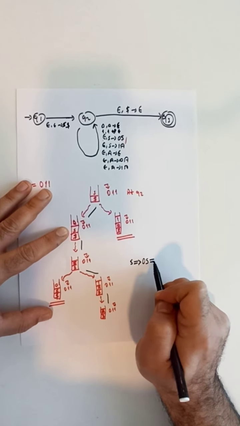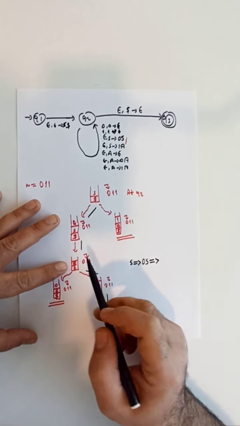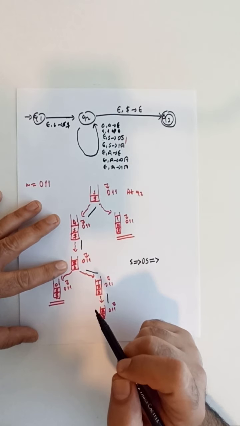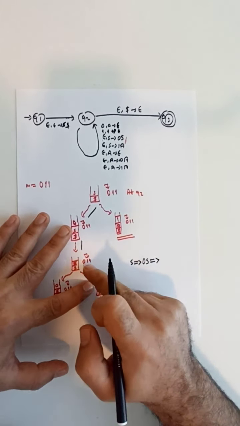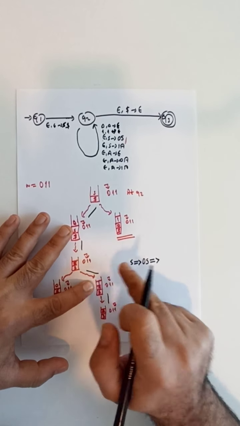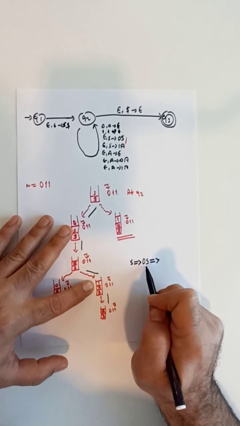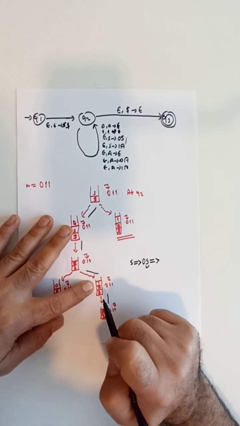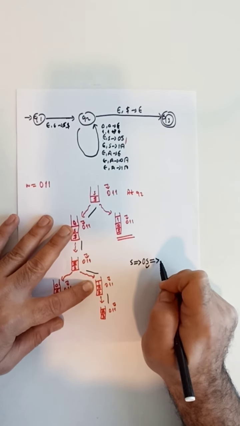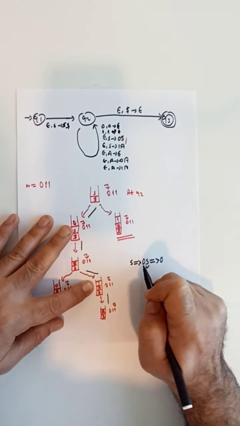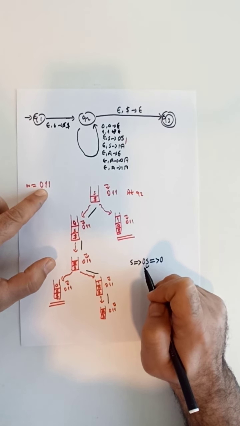Next, for the next step, well, we are consuming an input symbol, but this we don't immediately show in our derivation. Next, we can take this S and expand it with one of the rules, again with 1A. So we have 0, this initial 0 is matched with the initial 0 of our input string.